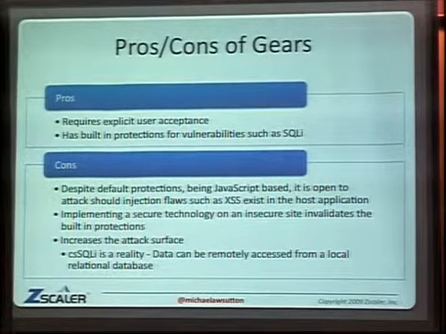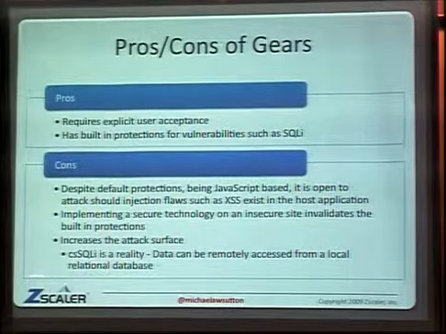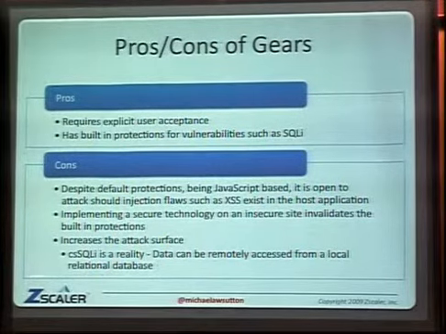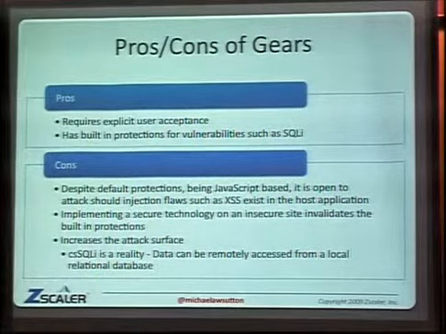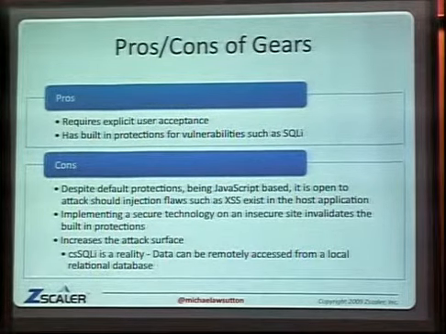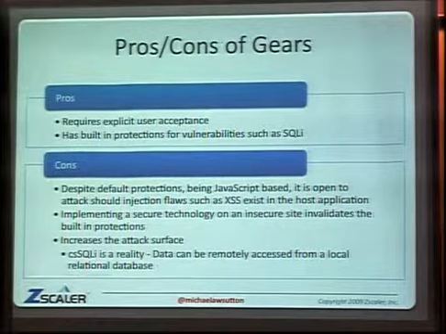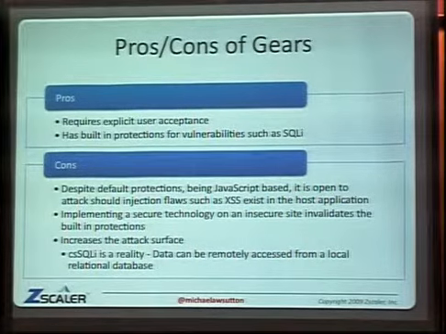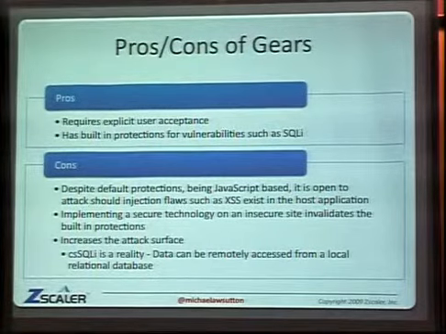Just some of the pros and cons of it. I like the fact that it requires user acceptance and says, hey, I'm going to create this relational database on your machine. They've done a good job of actually creating an implementation of SQL and SQL queries that's not vulnerable. But as mentioned, if this is implemented on an otherwise vulnerable system, it doesn't matter.